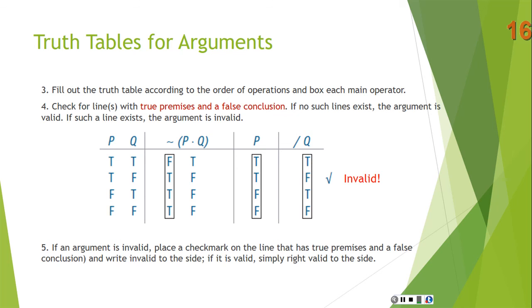If you do the truth table and you don't find a line where you have true premises and a false conclusion, you've shown that the argument's valid because you've shown that it's impossible for the premises to be true and the conclusion to be false. But that's just the definition of validity. If you do your truth table and you show that there is at least one line where the premises are true and the conclusion is false, you've shown that it's invalid, because that's just the definition of invalidity, that it's possible for the premises to be true and the conclusion to be false.